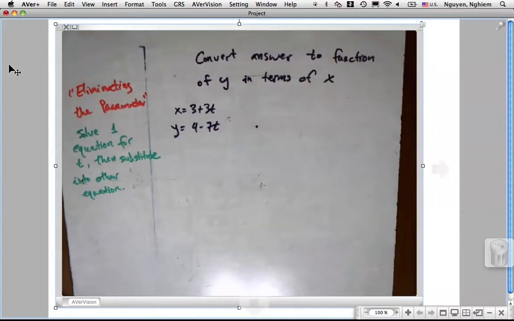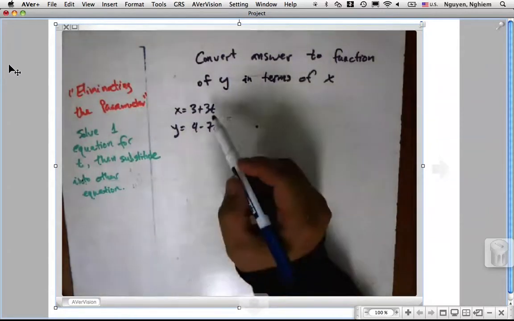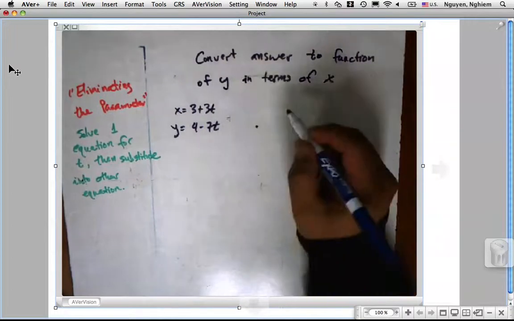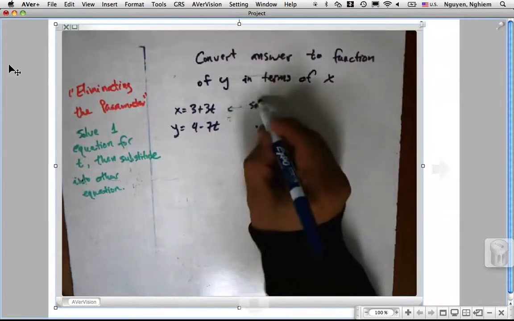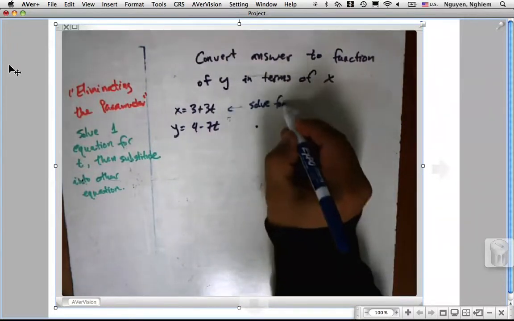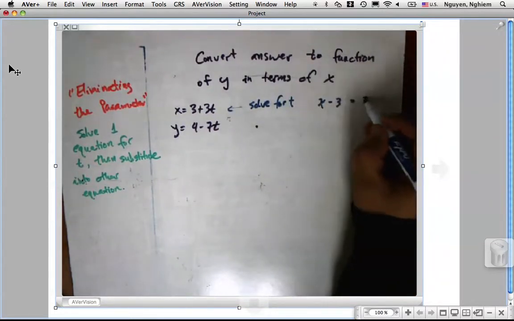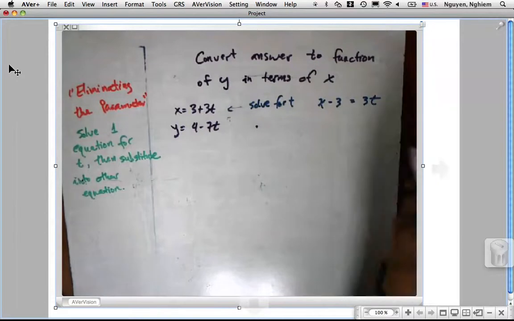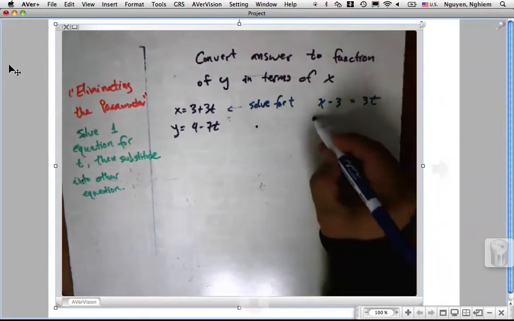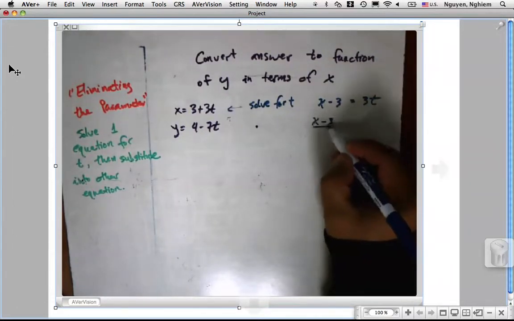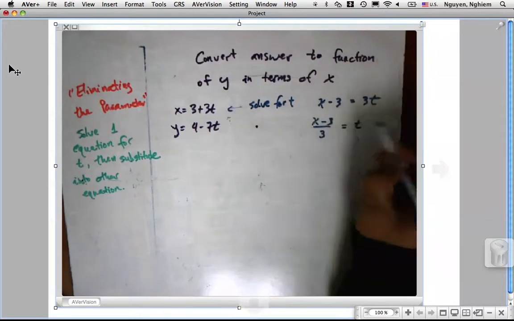And in these examples, it doesn't particularly matter much, so I'm just going to solve the first one for t. So I get x minus 3 equals 3t. Divide both sides by 3. I get (x minus 3) over 3 is equal to t.